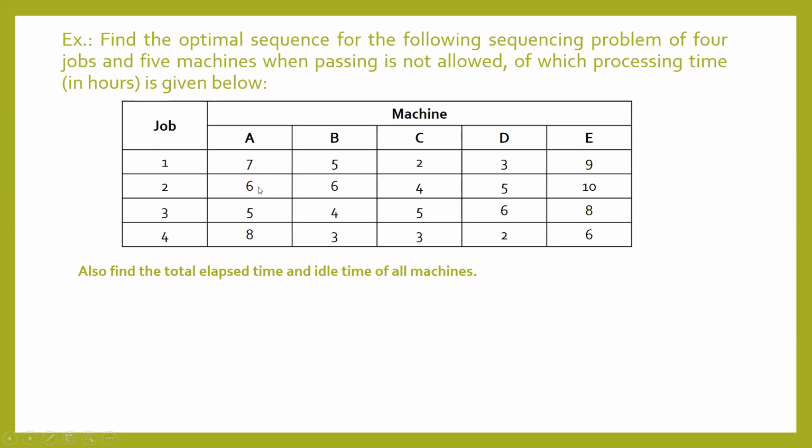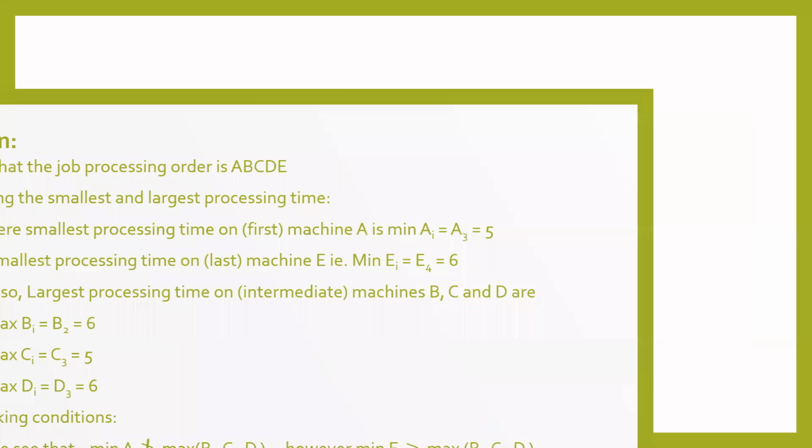Similarly, we can do this for the second job, the third job, and the fourth job, where I'm ignoring this column here, the machine E. When doing the calculation for the second fictitious machine, I have to ignore the first machine and use the values from 5 to 9, that is B, C, D, and E. So 5 plus 2 plus 3 plus 9 will give me the value for the first job on machine Y. I hope I have made this clear. So this was the value which we got.